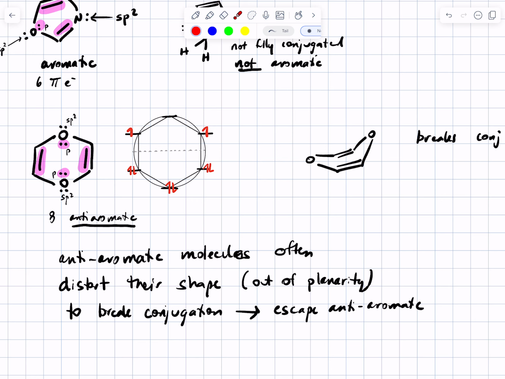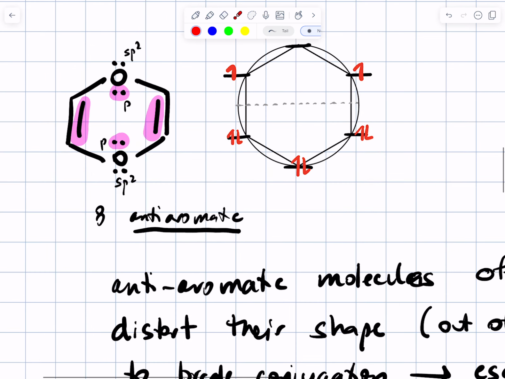That's a sensible conclusion, but it's confusing, and it skips the step of realizing that if it were planar, it would be anti-aromatic. So what I want you to do when you see something like this is conclude that it is anti-aromatic, all right?